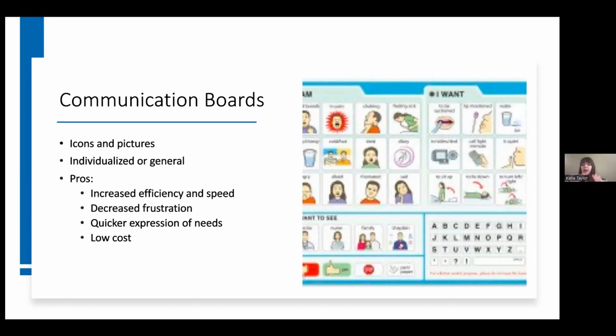Then if their request is not on this general board, there is a keyboard where they could spell out what they are requesting. So the pros for the communication boards is that there's increased efficiency and speed. It decreases frustration when trying to communicate wants and needs. It allows them to express those needs much faster, and it's a low cost option compared to a computerized device.